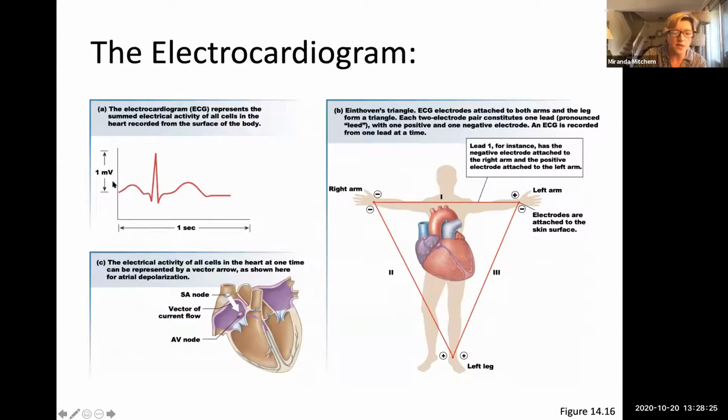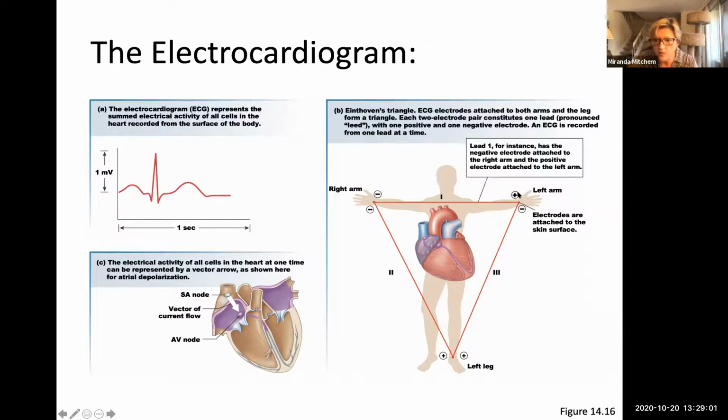So here we go. This is the typical pattern of an EKG. So we have our P, which is this hump, Q, R, S, T. An electrocardiogram is done by putting electrodes on different parts of the body, but at minimum, we need to have a triangle. And this is simply so we have a direction and current to flow.